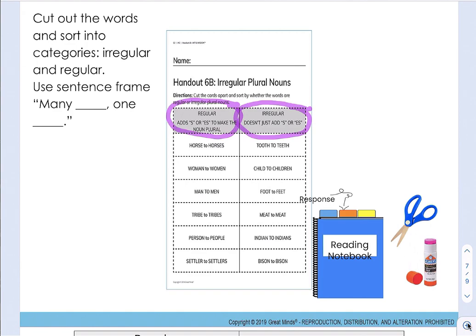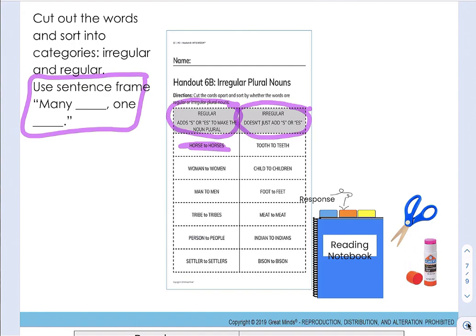To help you out, I want you to think about using this sentence frame. Many blank, one blank. For example, if we look at the first one, we would say many horses, one horse. Okay, so you're going to cut out these rectangles and sort them by regular nouns and irregular nouns. So you'll have two categories.